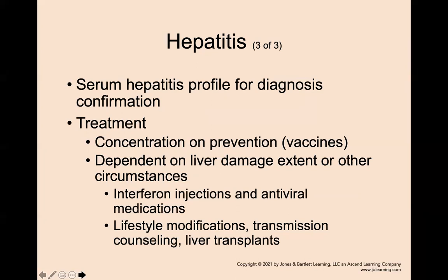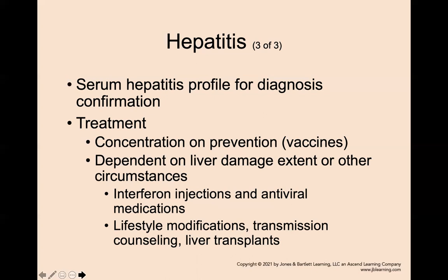Treatment depends on the extent of the liver damage and other circumstances. Interferon injections and antiviral medications can help. There's also a need for lifestyle modifications. For example, if someone is an alcoholic or they're injecting drugs, those would be some of those modifications.